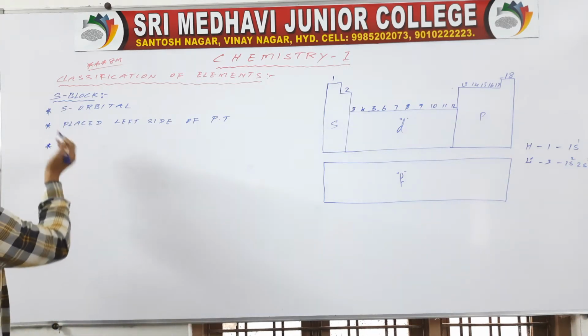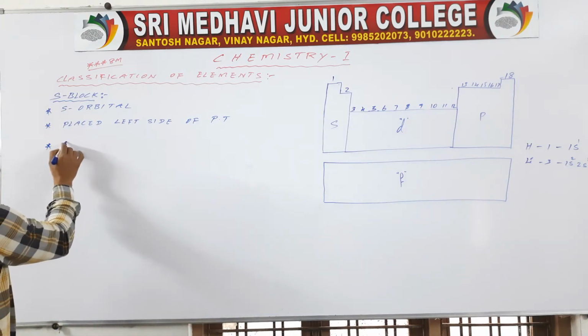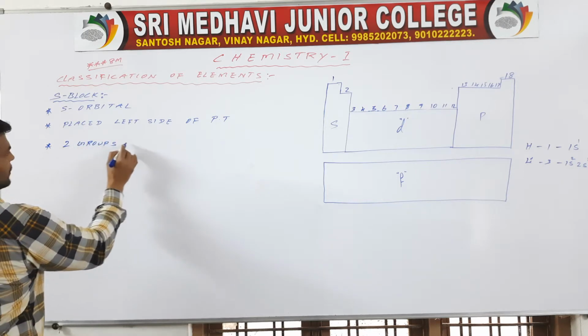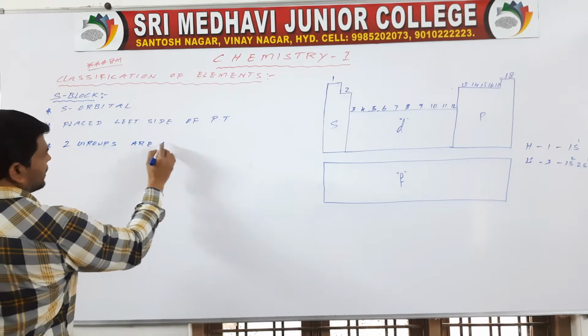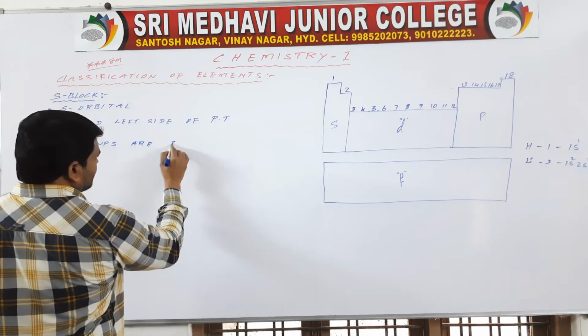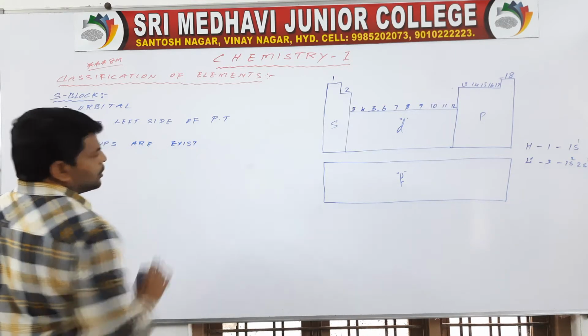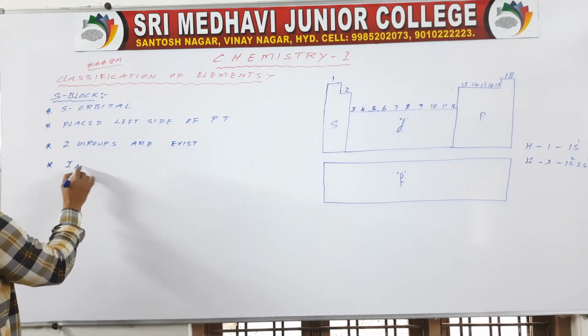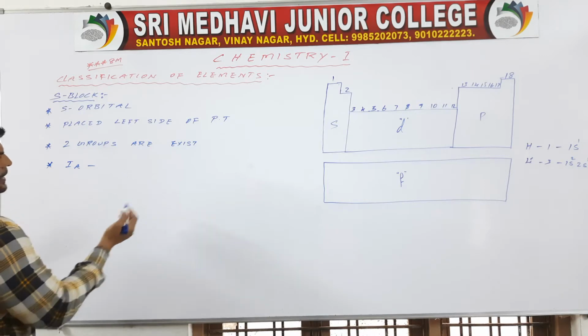Next, in S block, two groups are present. How many groups? Two groups exist.